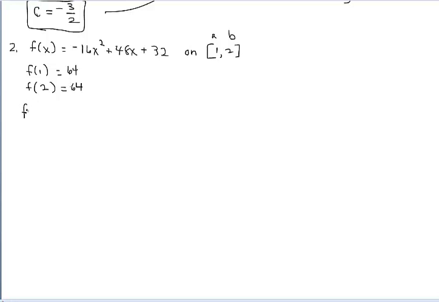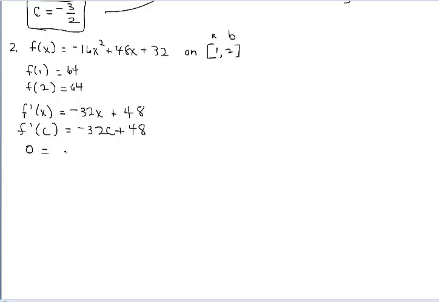Find the derivative, set it equal to 0. If you want to replace every x with c, you can. It's not necessary. You could just set this equation equal to 0 and you're good to go. Okay.